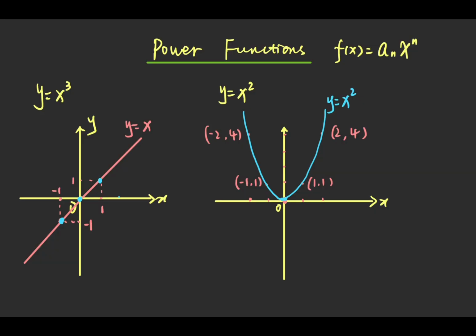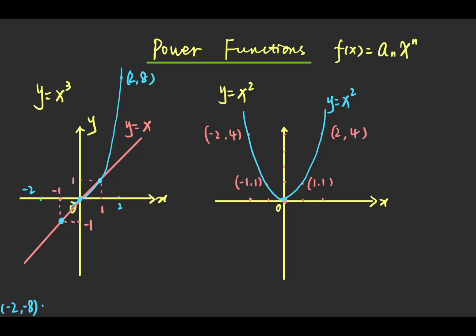Next, here it is 8, so the point should be 2, 8. If this is negative 2, the corresponding y coordinate should be here, so negative 2, negative 8. Then you can connect the graph.